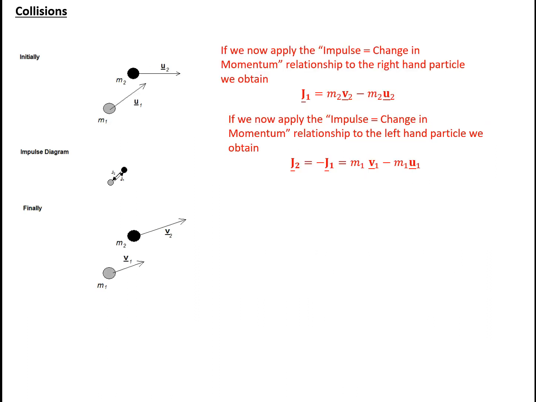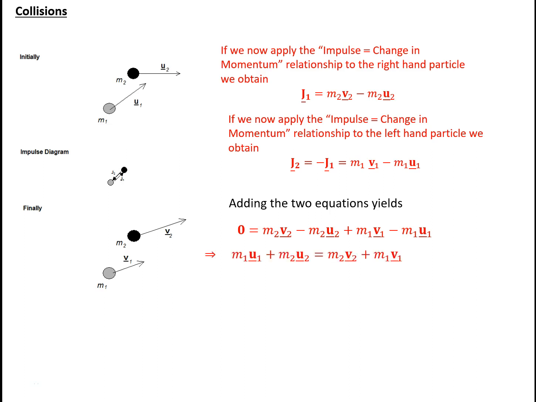So taking these two equations that we've just talked our way through and adding them, we're going to get J1 plus minus J1, in other words, naught, equals m2v2 minus m2u2 plus m1v1 minus m1u1, which can be rearranged to give us m1u1 plus m2u2 must equal m2v2 plus m1v1.